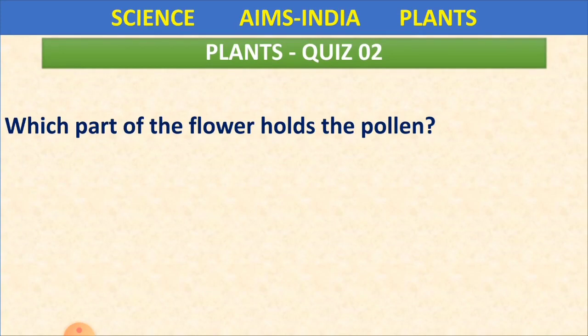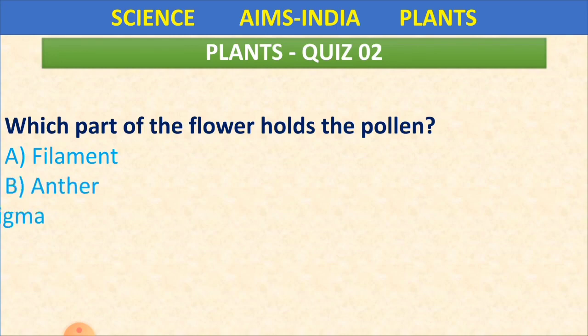Clear, children? And the next question. Which part of the flower holds the pollen? Here your options are filament, anther, stigma and petals. Which part of the flower holds pollen? You remember, as I said, you'll have small dots on the filament.